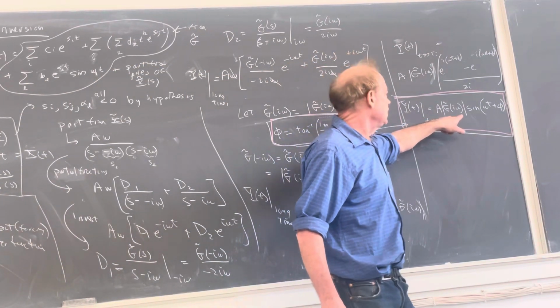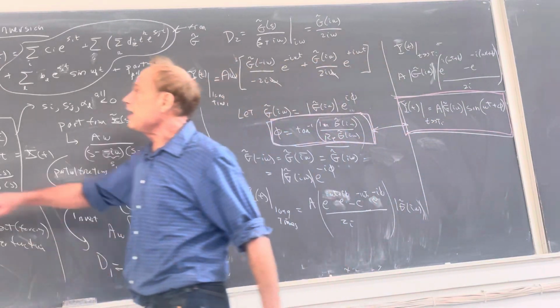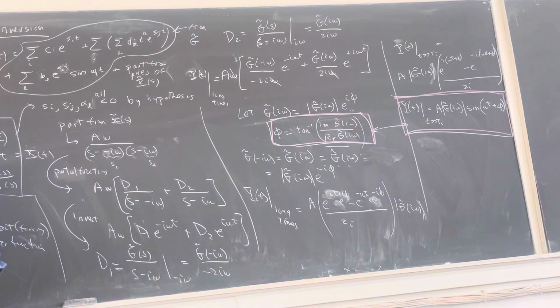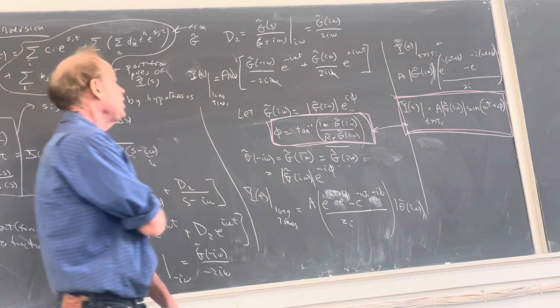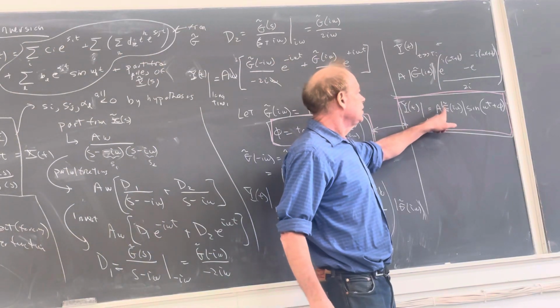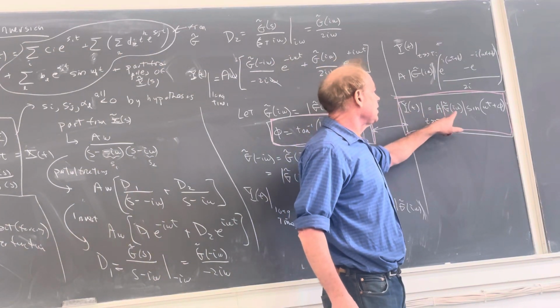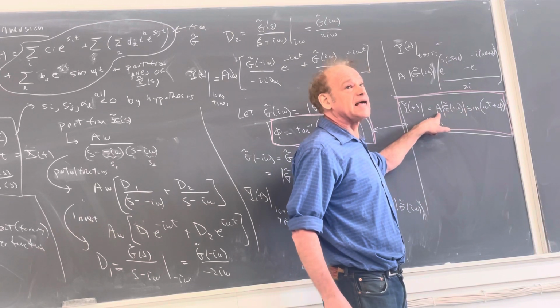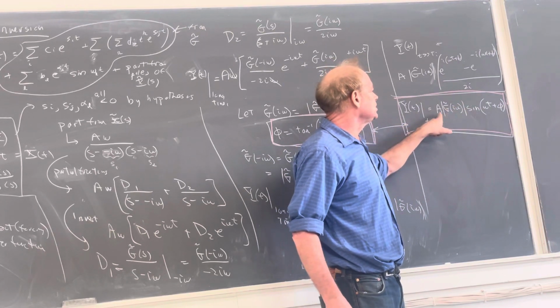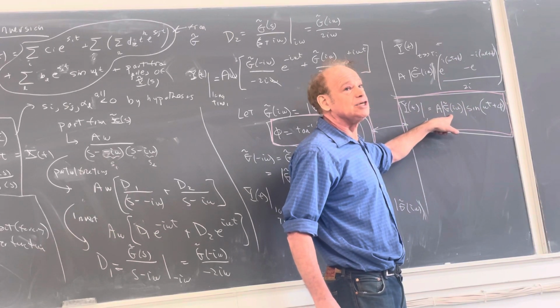Isn't this amazing? The sine of omega t plus phi is what we had in this specific case. The amplitude now is, if the input amplitude was A, the output amplitude was A times the magnitude of G tilde of i omega.